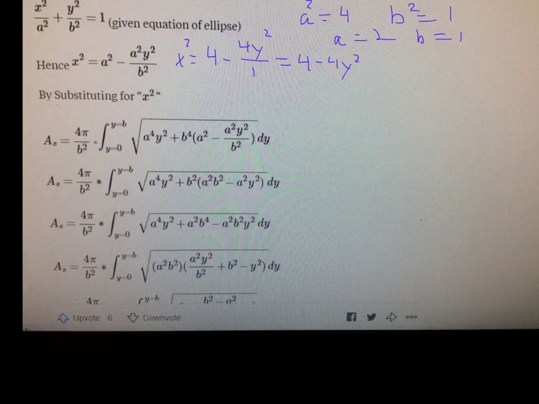So going into the next step, and we know where all this is coming from. One of the things that I think we didn't talk about yesterday was that when you're putting in the arc length formula, it can be the square root of 1 plus dy dx squared, or it can be the square root of 1 plus dx dy squared, and they're interchangeable.